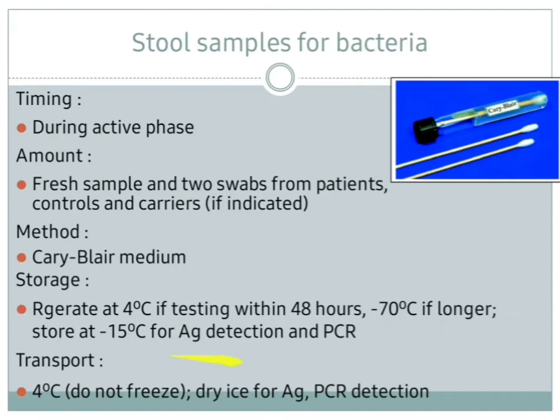If used for antigen detection and polymerase chain reaction, it should be stored at -15 degrees centigrade. The transport is at 4 degrees centigrade, but do not freeze. And if it is used for antigen detection and polymerase chain reaction, we should add dry ice with the sample.